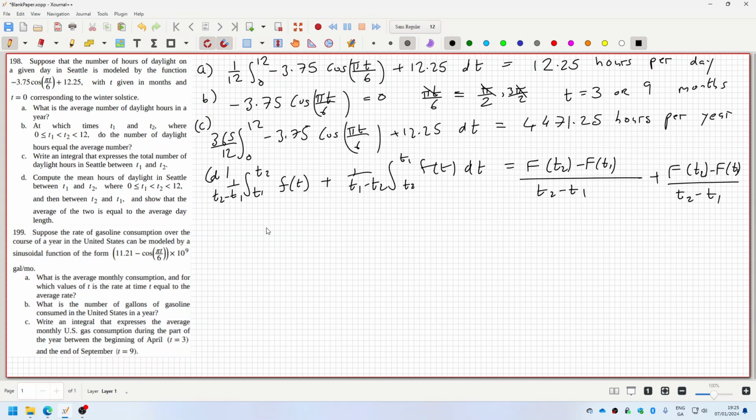So that would be twice f(t2) minus f(t1) over t2 minus t1. Oh, and I forgot I have to divide this by 2 because it's an average of the two.